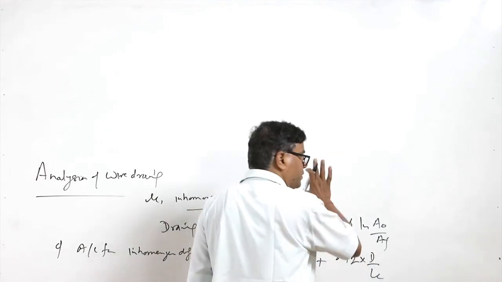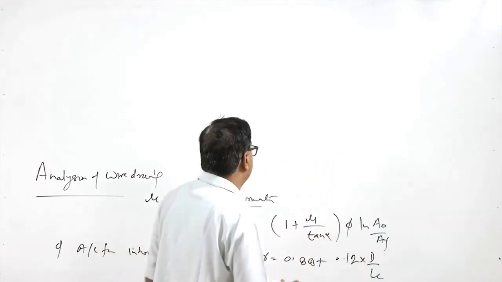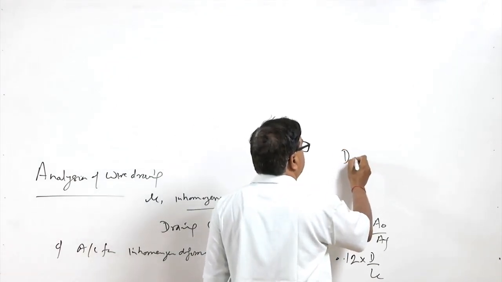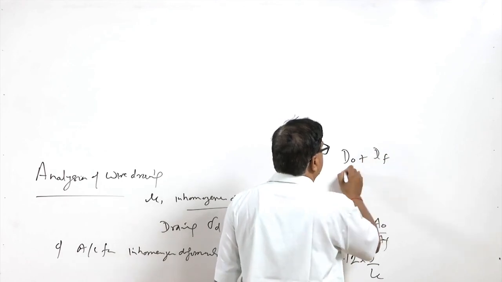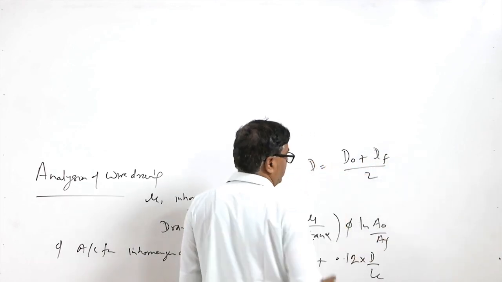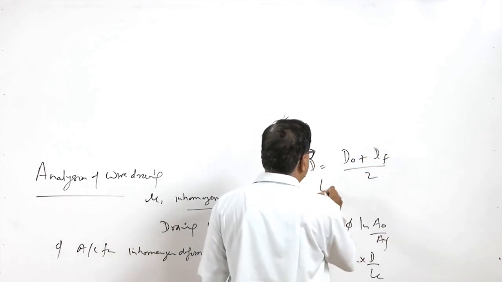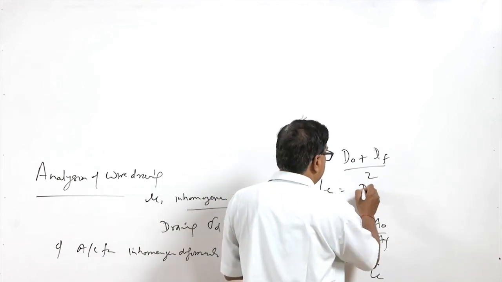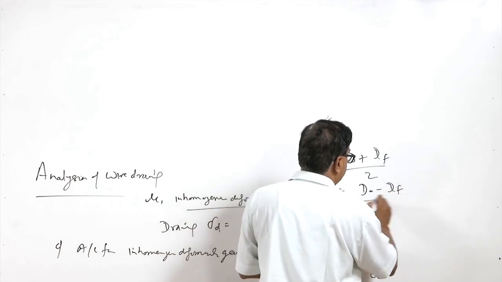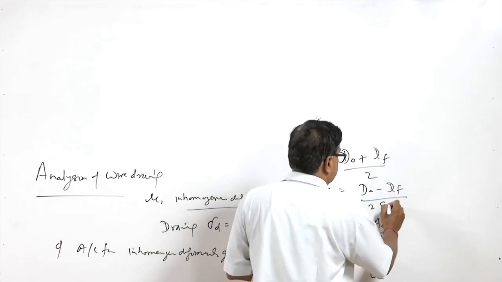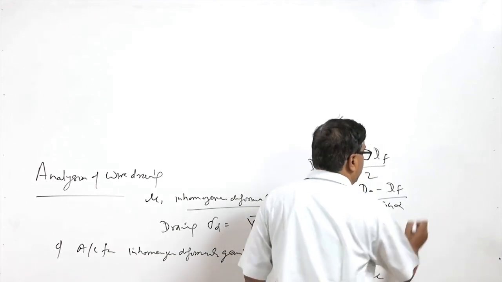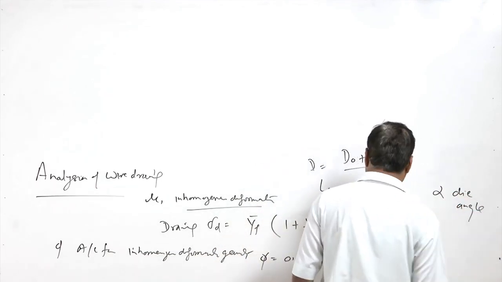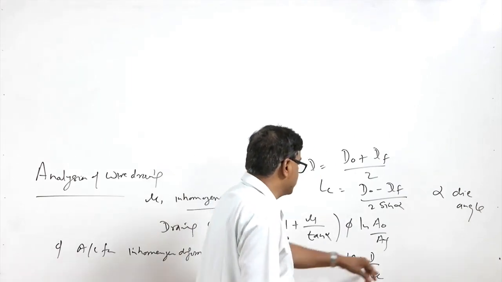So, the average diameter of the wire which is drawn, d naught plus df divided by 2, is used for calculating the average diameter, and the length of the contact is obtained using the relation d naught minus df divided by twice the sine alpha. Now, alpha is the die angle, as I have mentioned earlier, and d is the average diameter.